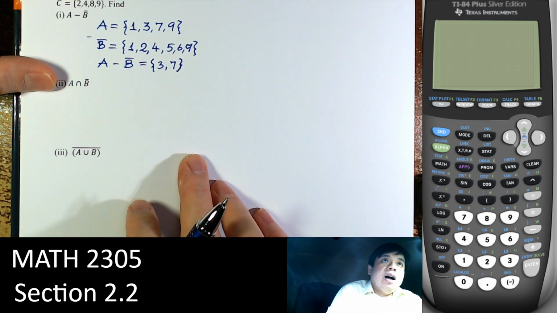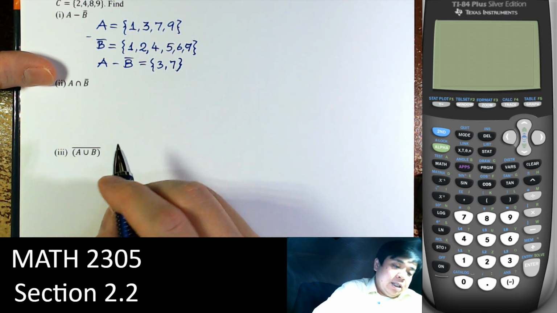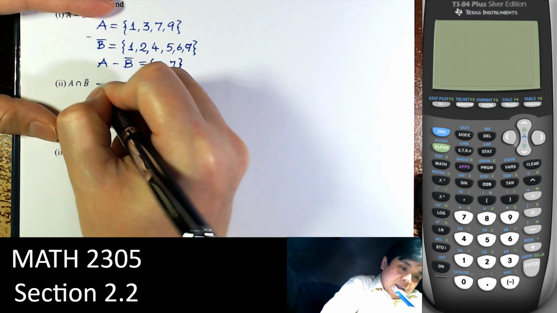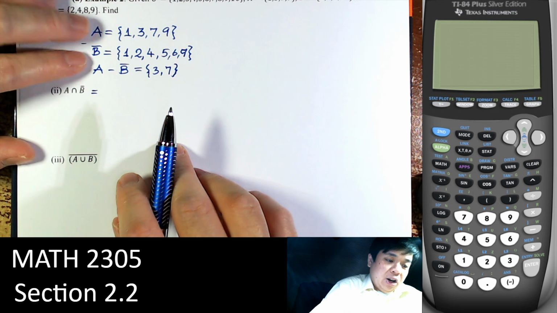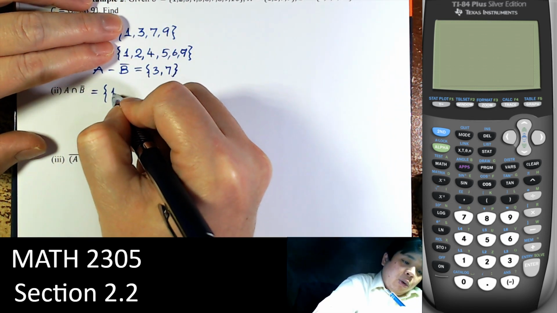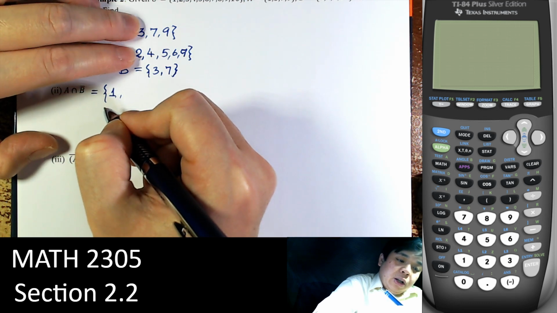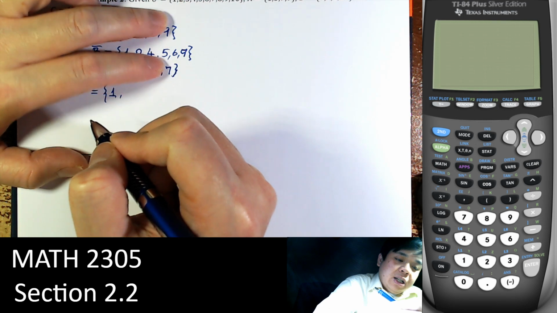Right. Next we have A intersect with not B. So pretty much we have A and not B there. Now we just find the intersection. So what do they have in common? 1, not 3, not 2, not 4, 5, 6.